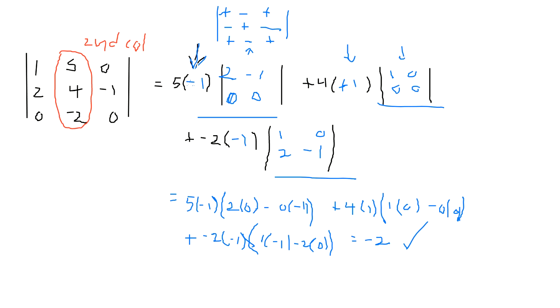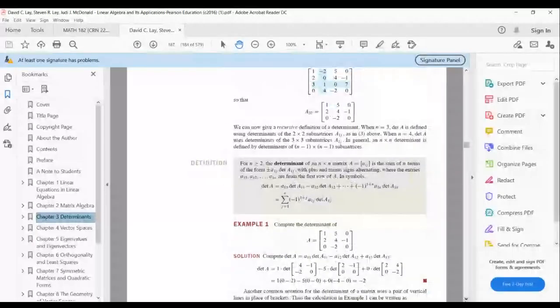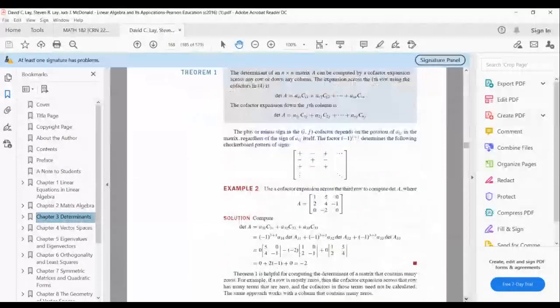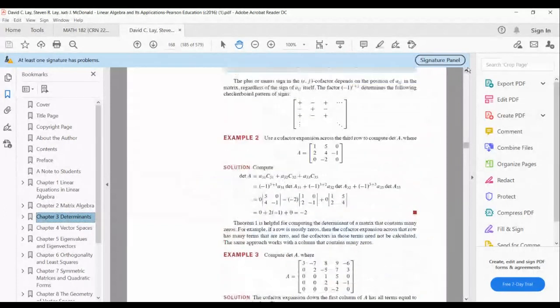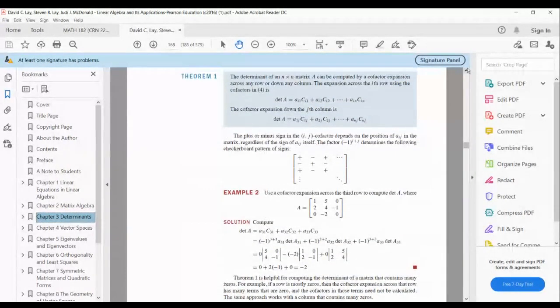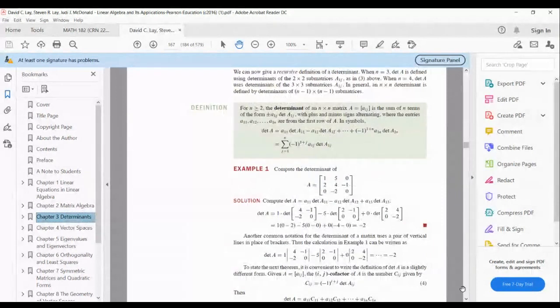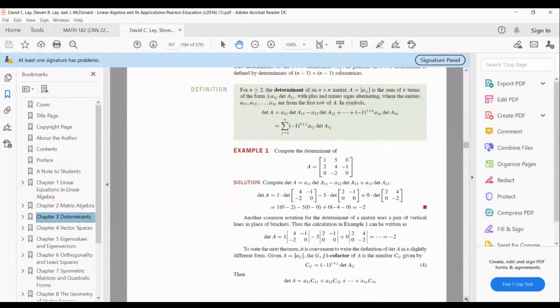Just got to find it here. Okay, let me stop sharing. Hold on here. I just want to get to example 3.